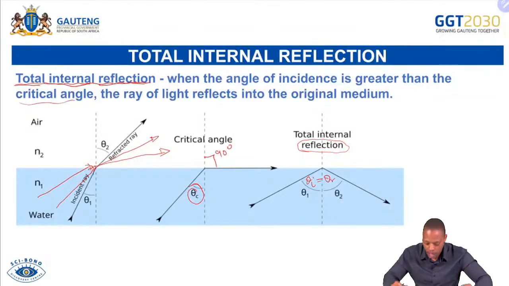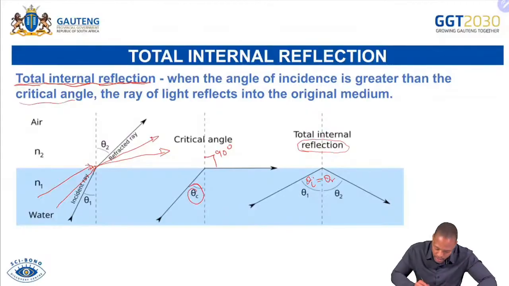All of those laws are going to apply again. This becomes the incident ray yet again, and this becomes the reflected ray yet again, while here it was the refracted ray.